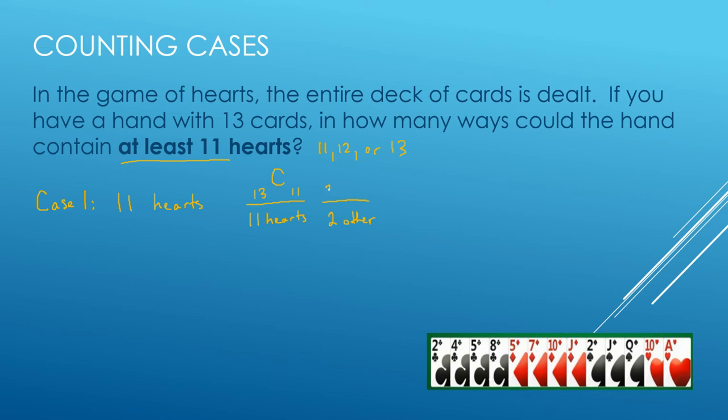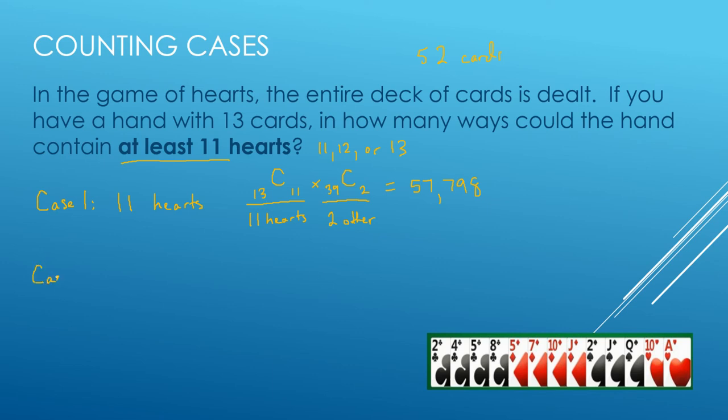So of the other 39 cards that are not hearts, remember there's 52 cards in a deck, we're choosing two to be in our hand. And of course, the FCP says we multiply these because we're getting 11 hearts and two other cards. You can try this on your own, but you get 57,798.